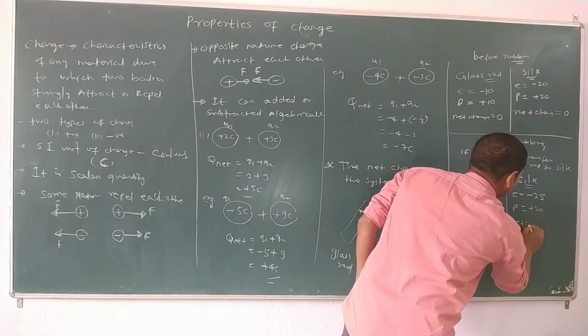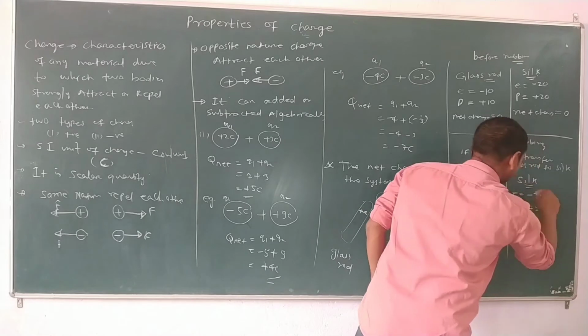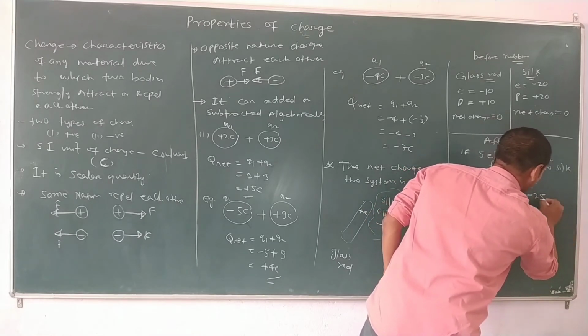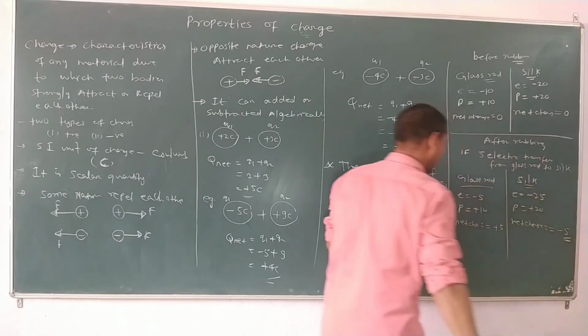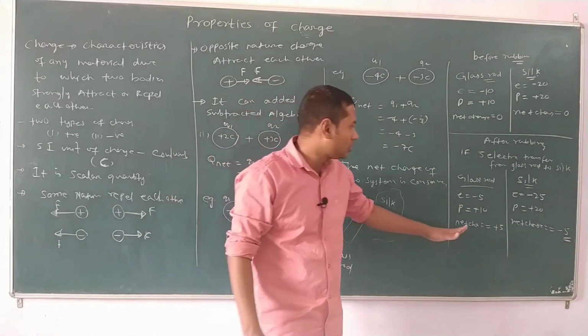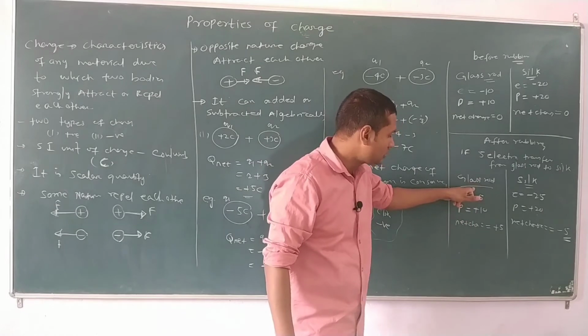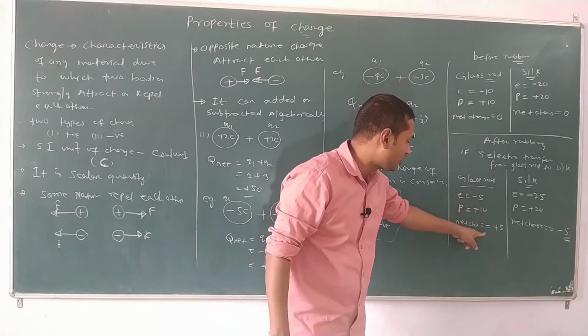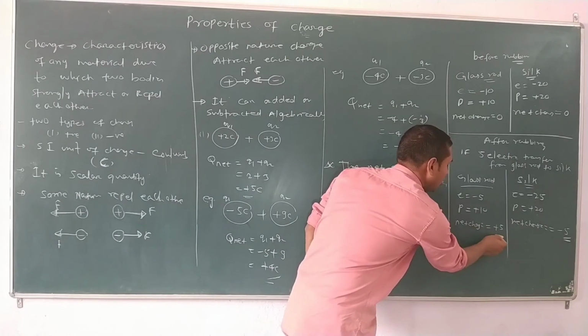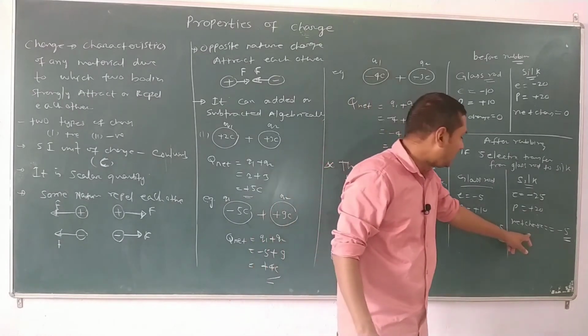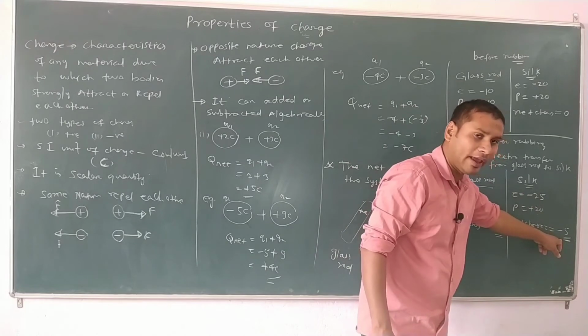The net charge of the silk cloth, that is plus 20 minus 25, becomes minus 5. You see here what happens with the glass rod: it loses 5 electrons, that's why the net charge of the glass rod becomes positive, whereas the net charge of the silk cloth becomes negative.